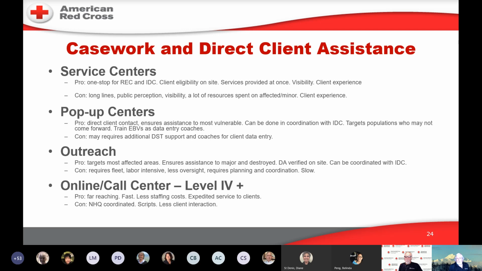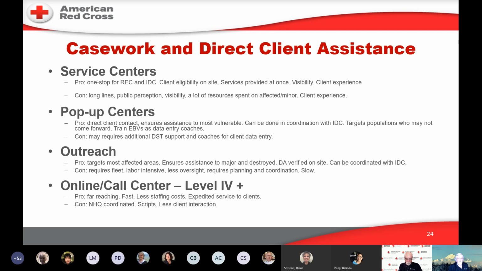Delivery of it, we can look back at the setting up service centers. Most of you are familiar with that, and that's where we announce a day, a location, and we basically set up and have people come through. In this case, it will probably be very discouraged. We will be doing a lot because of COVID.